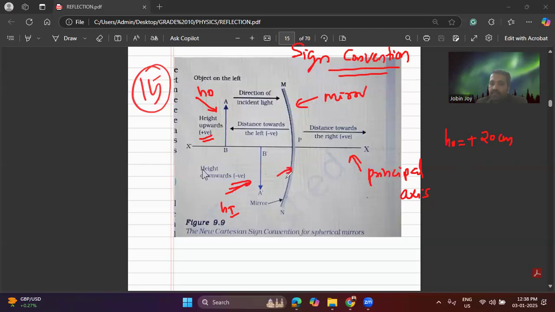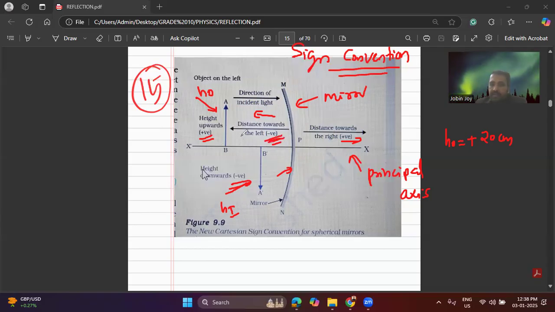And here, this is the reflecting surface, right? For example, this is a concave mirror, and this is the reflecting surface, and this distance is negative, and this distance is positive. So the side near the reflecting surface will be negative.